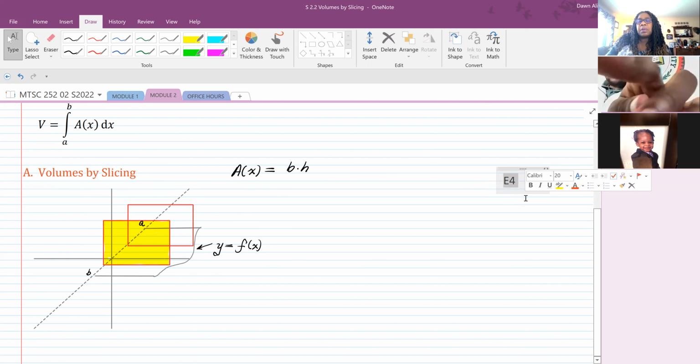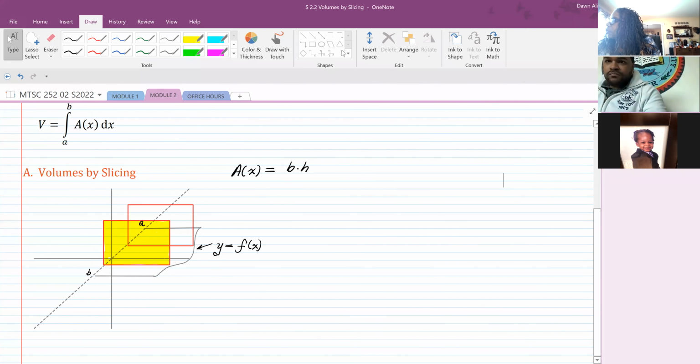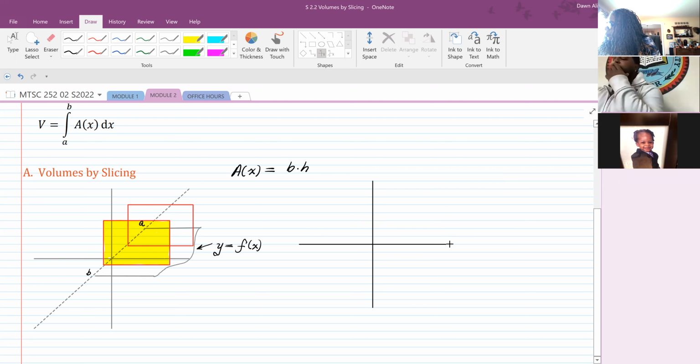Okay, so let's draw a different picture in the xy plane. All right, so here's a, from some a to some b.